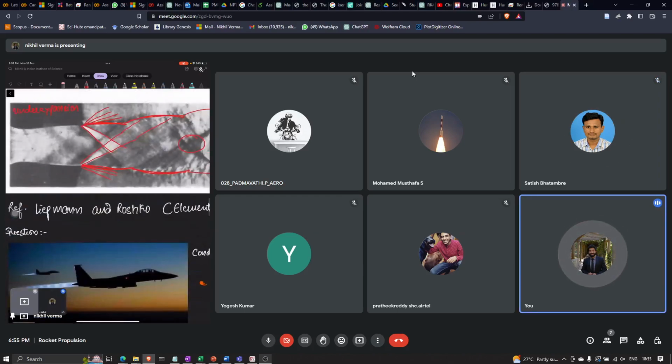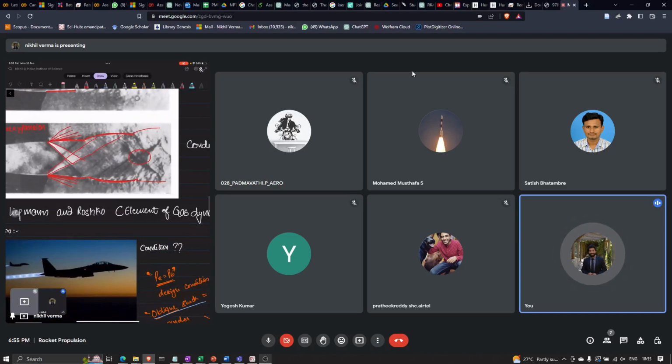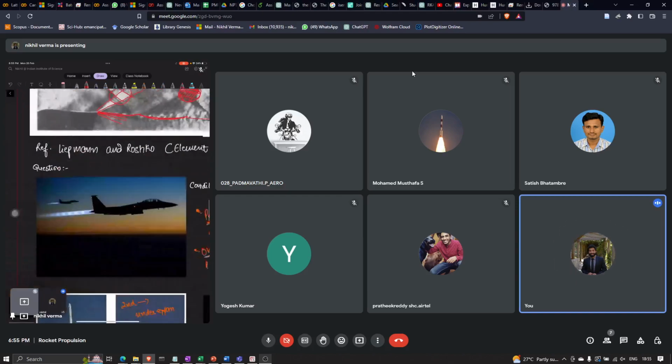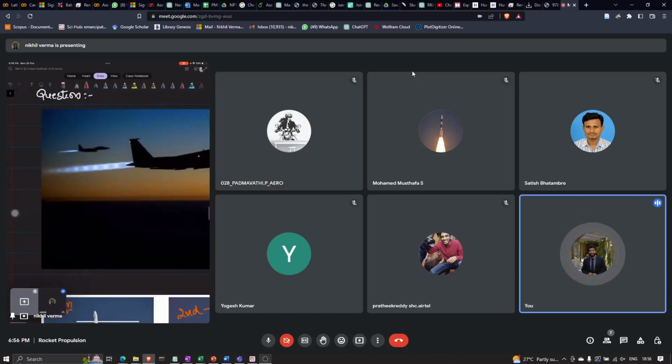And also in Professor Ramamurthy's lecture he has talked about these shock diamonds, right? You have a region of hot flow and a region of relatively cold flow. Here you can see the region of hot flow. The intensity is higher, right? So this is an underexpanded nozzle.